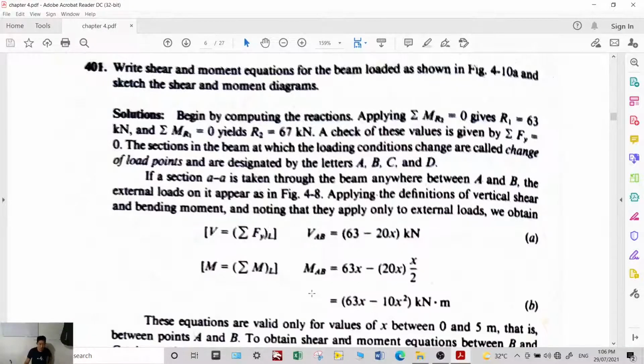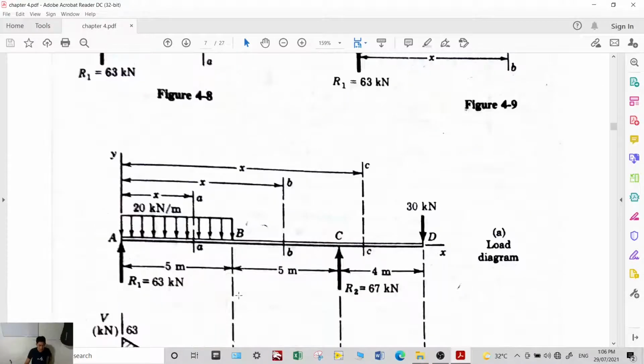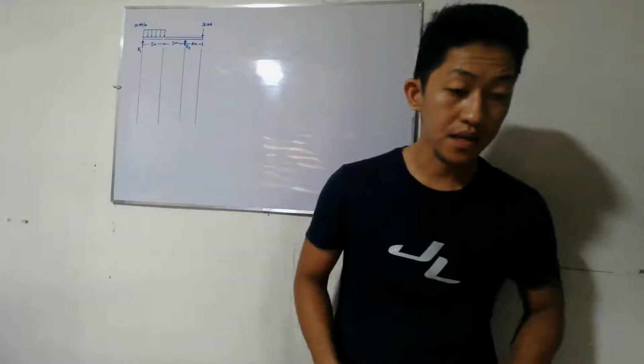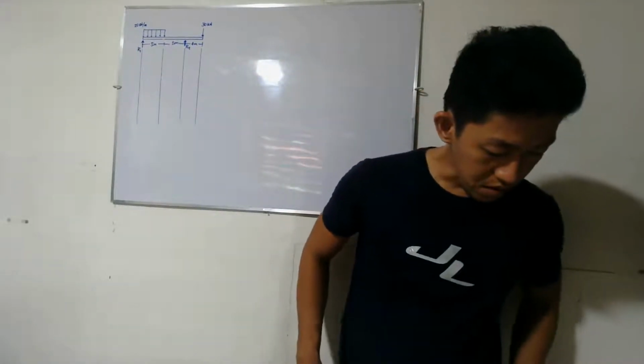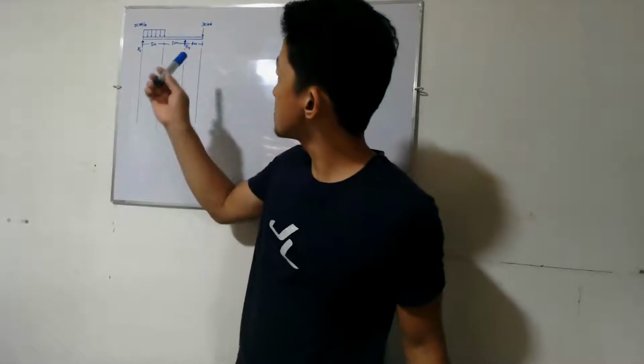This is better illustrated with this example. Okay, so let's have this example, found on page 98. We have a beam. This is an overhang beam.